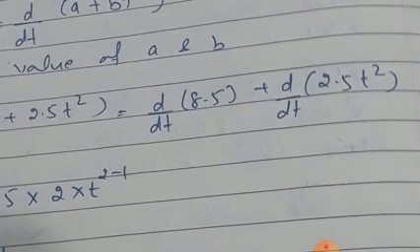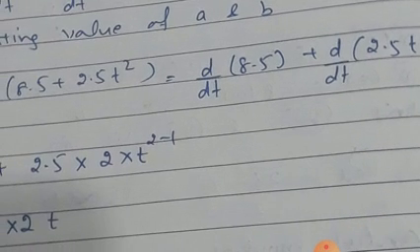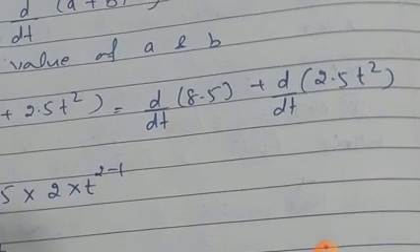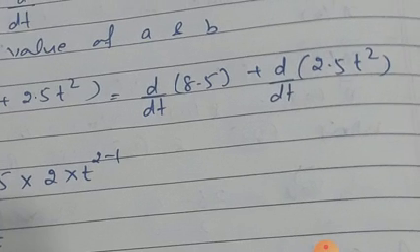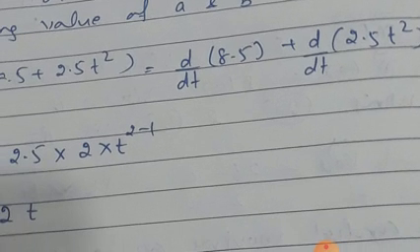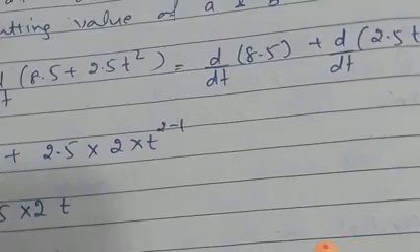Next, the derivative of 2.5 t². Here 2.5 is a constant, so we take it outside of the differential operator and take the derivative of t². Now what is the derivative of t²? It is 2t^(2-1).